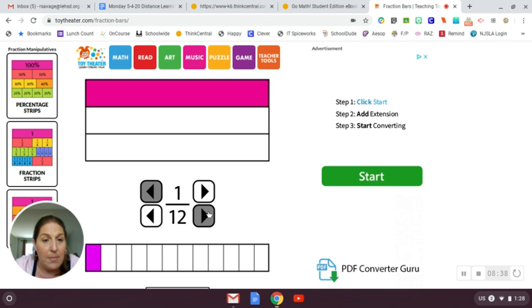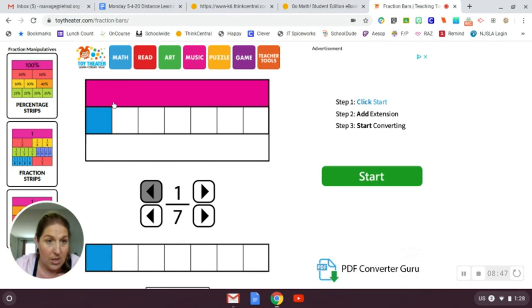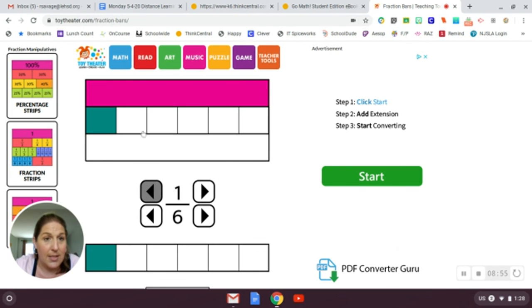So part of your assignment today for math, I want you to play around with these strips and see how they compare to each other. That's 1 whole. That's 1/7, okay? Let's put 1/6 up there. That's 1/6. And you'll see 1, 2, 3, 4, 5, 6. How many sixths would make 1 whole? Well, if they were all colored in, it would be 6 sixths.